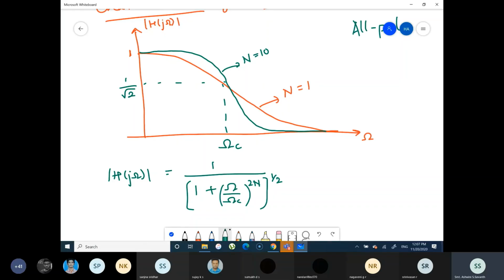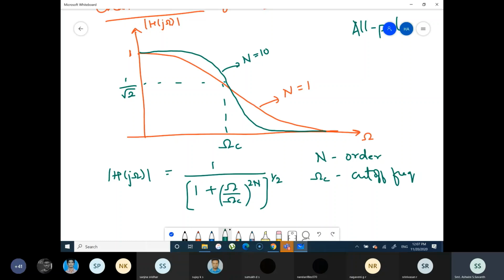So omega c is the cutoff frequency or minus 3 dB frequency, and n is the order of the filter. So that is the magnitude frequency response for a Butterworth filter.